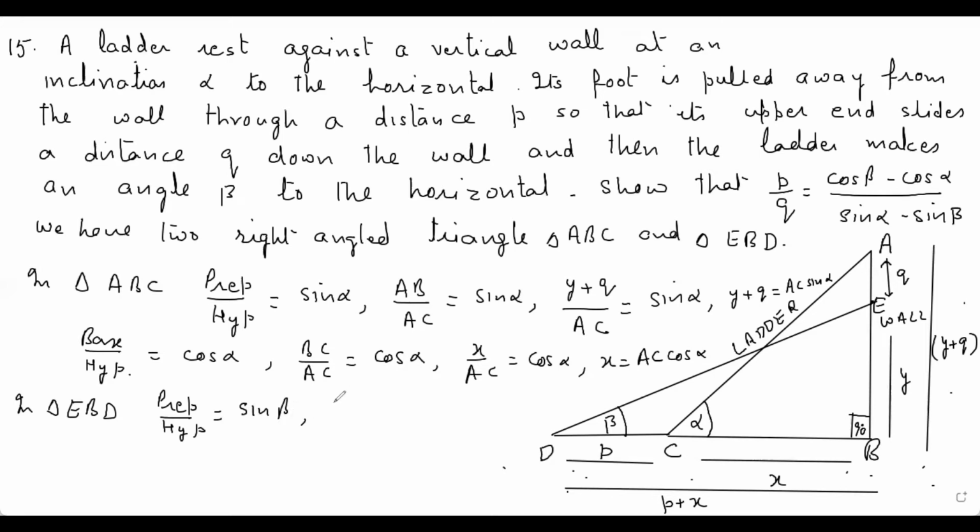Perpendicular here is EB, hypotenuse here is DE, so EB upon DE is equal to sine beta. EB here is y, so the value of y is equal to DE sine beta.